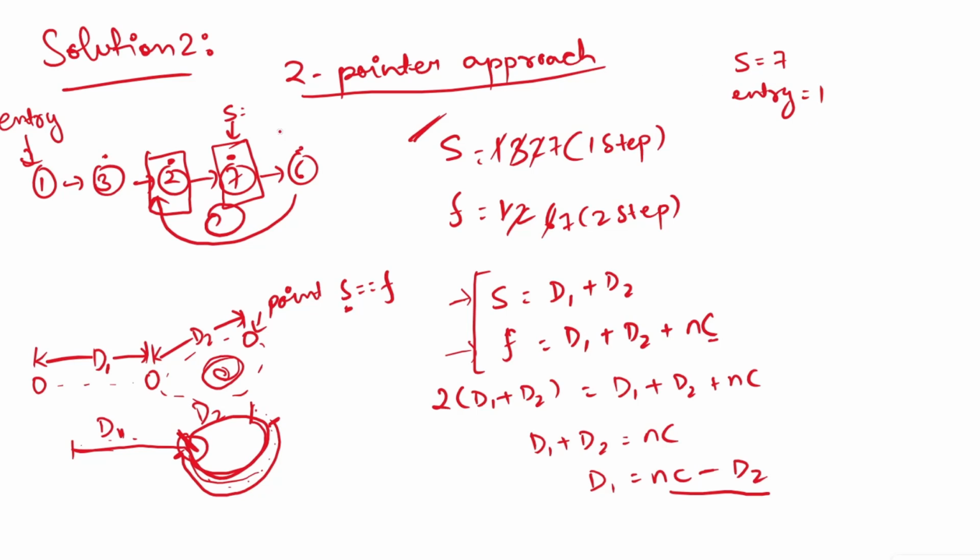After one step, slow will be at 6 and entry will be at 3. After one more step, slow points to 2 and entry also points to 2. And this is the point of intersection, the beginning of the cycle. So that's how we can find this.